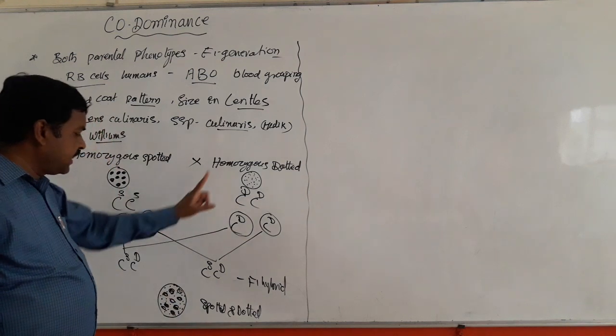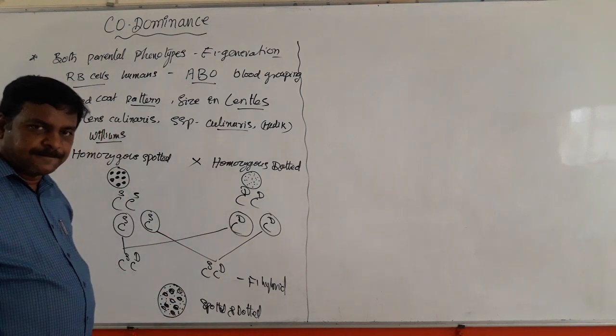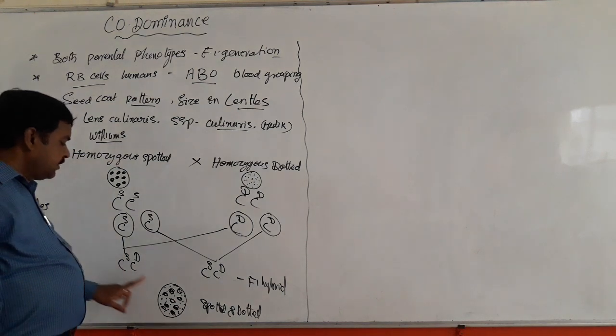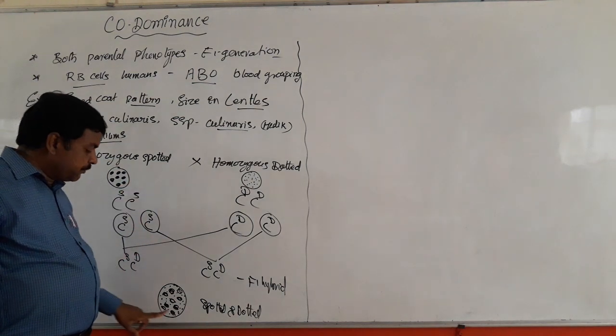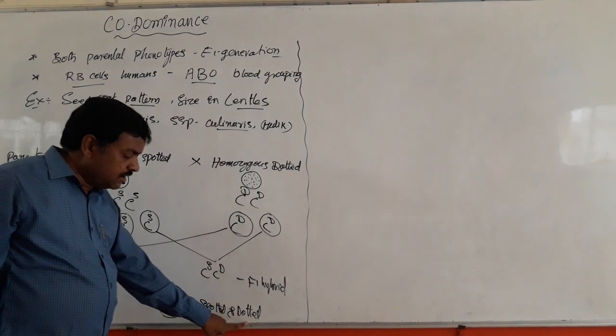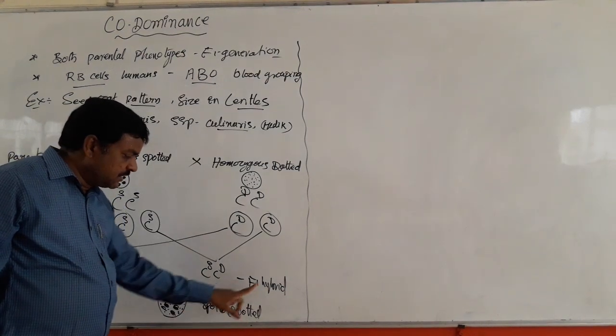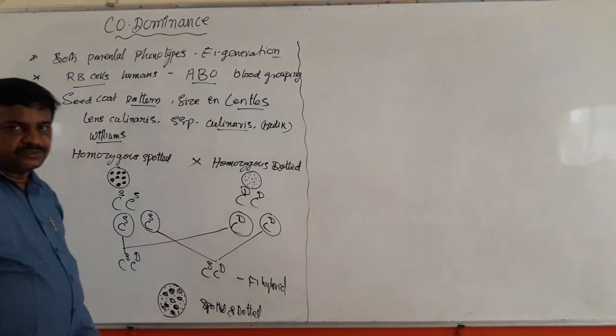Expression of both parental phenotypes in the F1 generation is considered co-dominance. Spotted character and dotted character are both expressed in F1 hybrids.